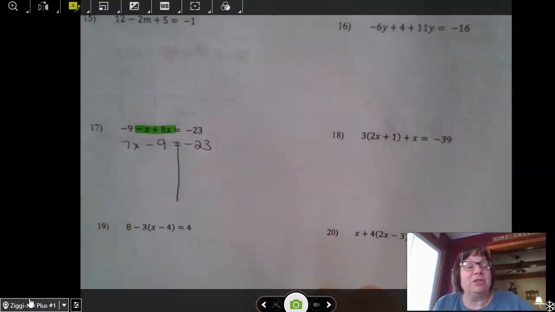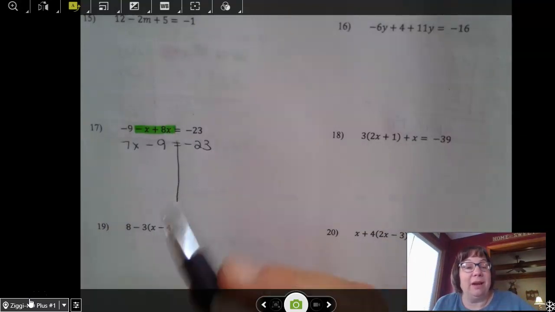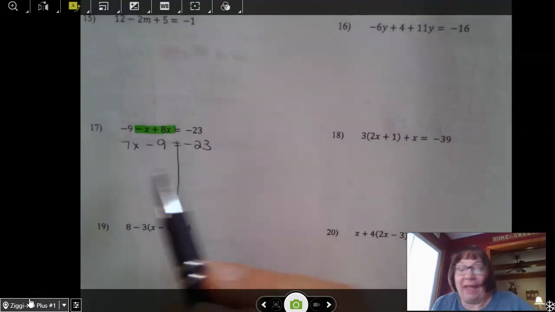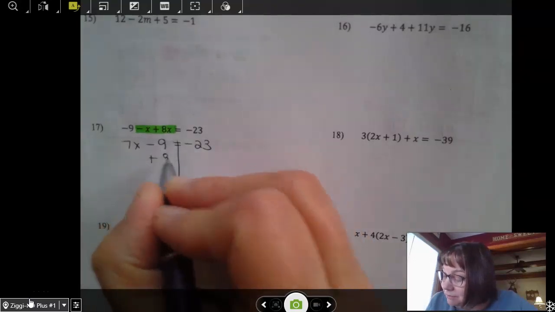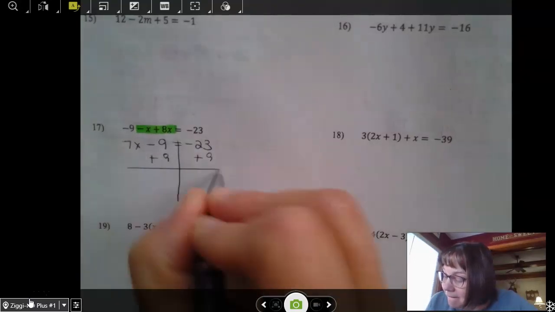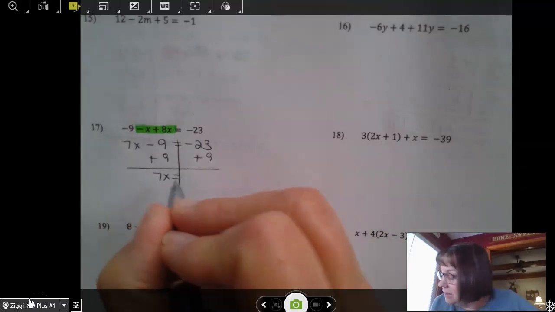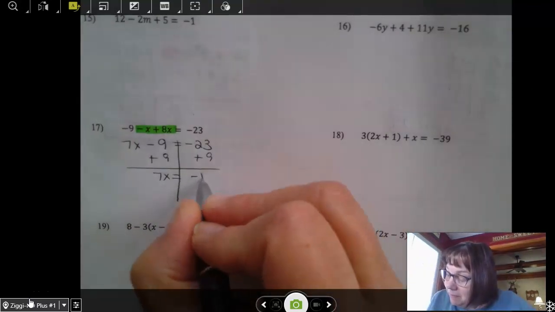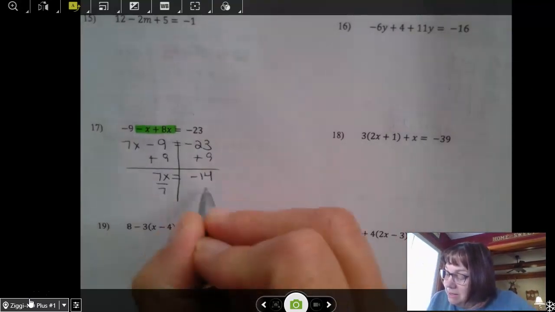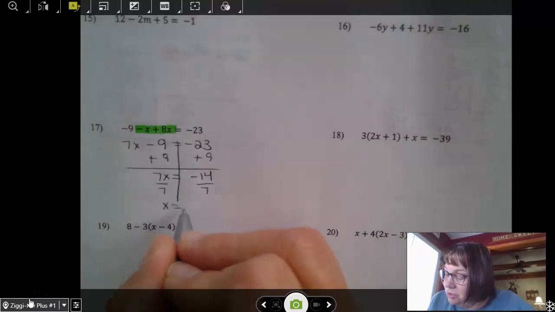Remember, it's commutative, so I can put it in any order I would like. And then I add 9. 7x equals negative 23 plus 9, which is negative 14. Divide by 7, and x is negative 2.